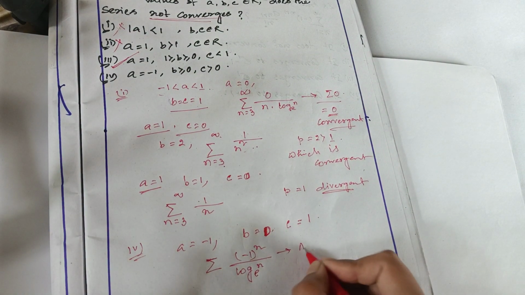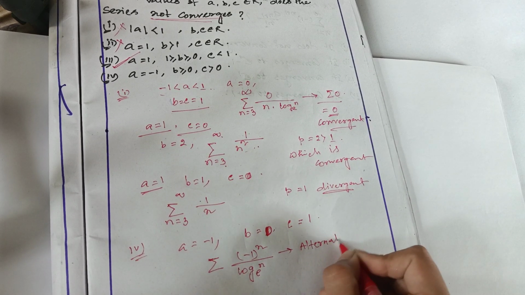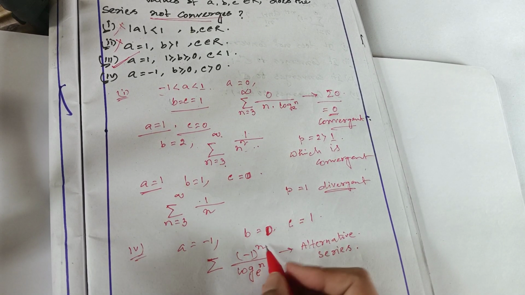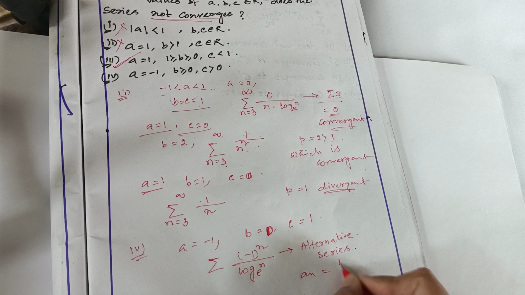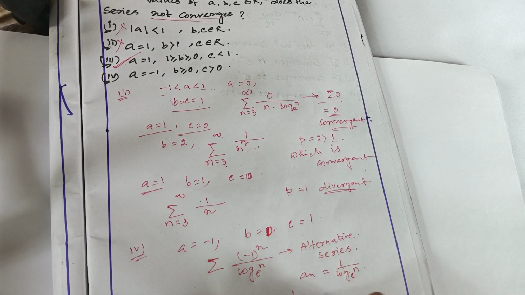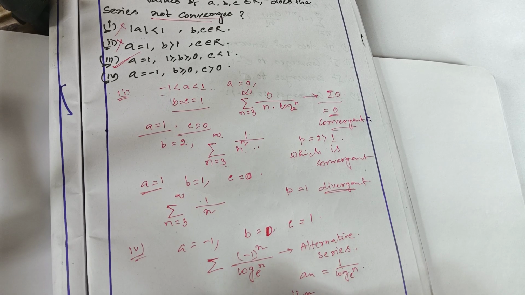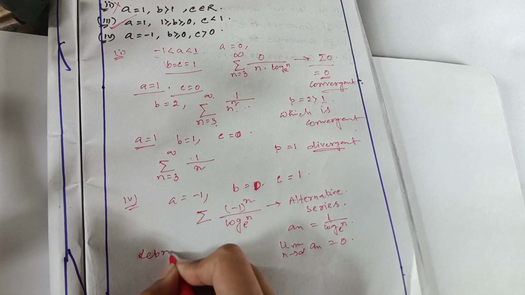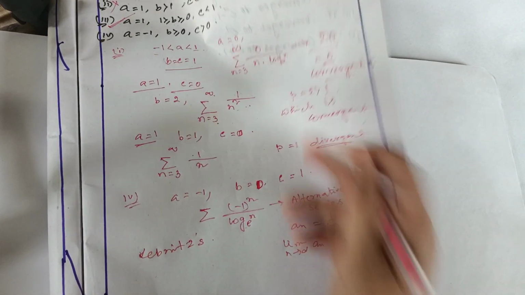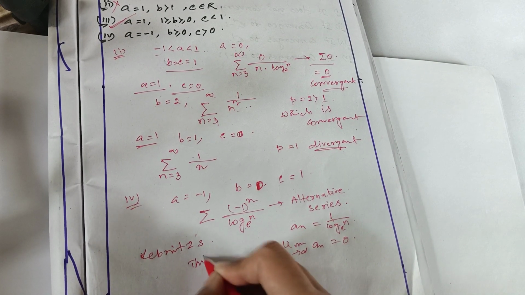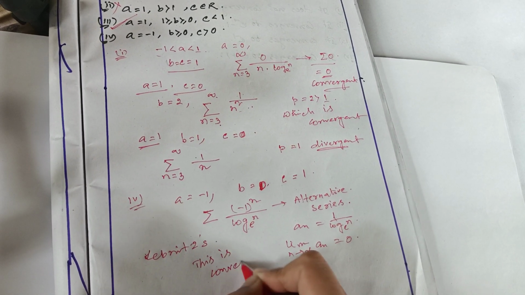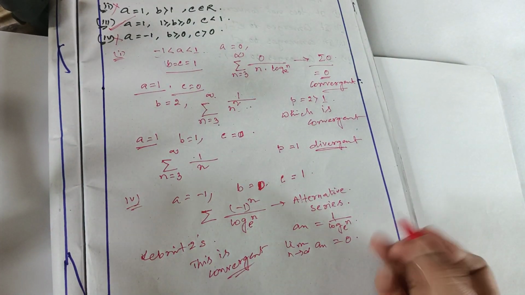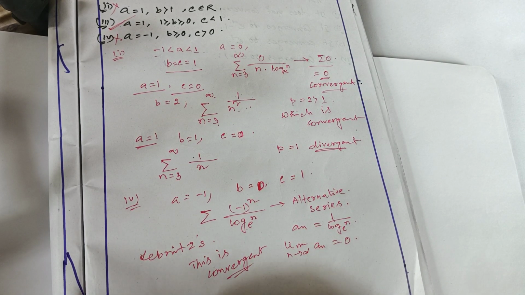So this is an alternating series. Given an alternating series, here a_n equals 1 by log n, its limit as n tends to infinity of a_n is equal to 0, then by the Leibniz test we can say that this is convergent. So obviously this is convergent, this is also discarded. So here the third option is correct. I hope it is clear to everyone.